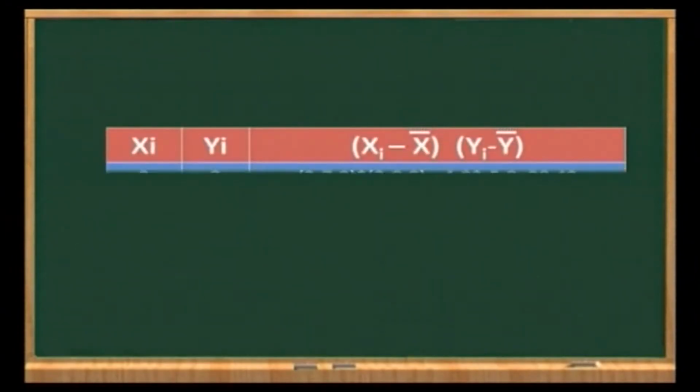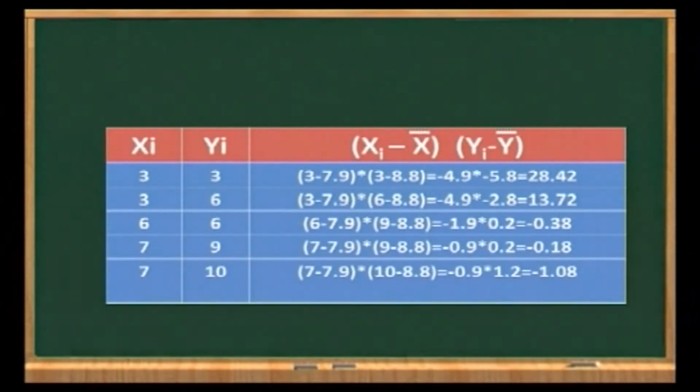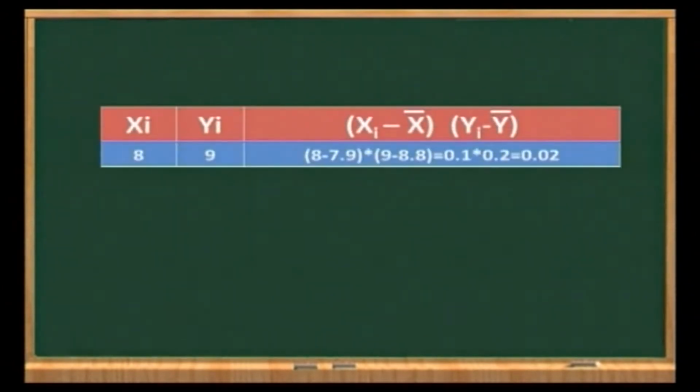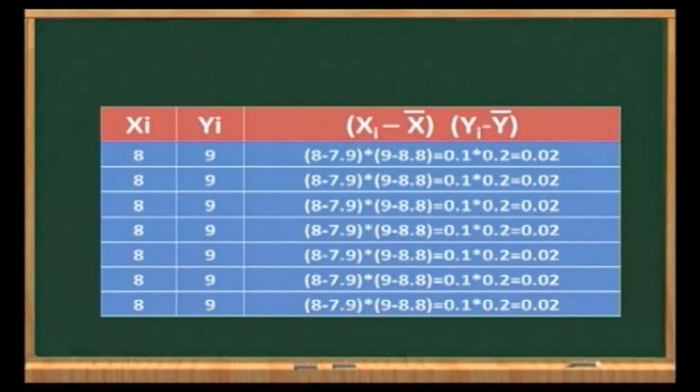Here is an example. Let's compute a correlation coefficient between the 1-minute Apgar scores, that is x, and the 5-minute Apgar scores, that is y. And here is a table showing some of the intermediate calculations. X scores are written, y scores are there.